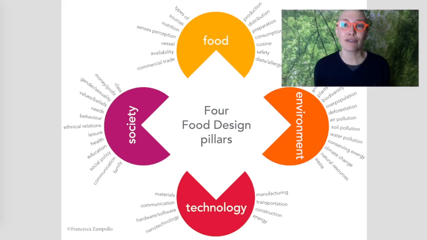Since all food designers should aim very high towards radical innovation in meaning and in technology, and indeed towards sustainable solutions, these tools should be used as a map to achieve these goals. The four food design pillars can be used as a checklist in the context exploration phase, and as a trigger in the ideation phase of the food design thinking process.